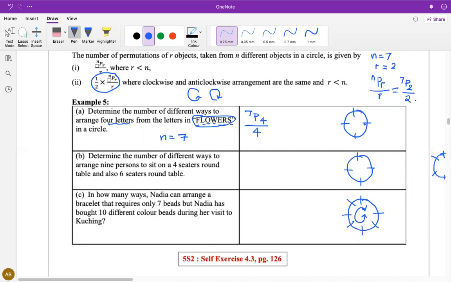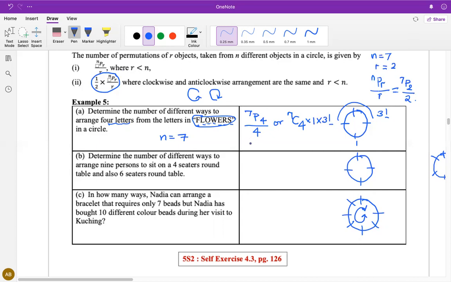Using another method, 7C4, meaning that from 7 different letters we choose 4 letters first. Then we fix 1 letter, and the other 3 we arrange, 3 factorial. So therefore it is 1 times 3 factorial.